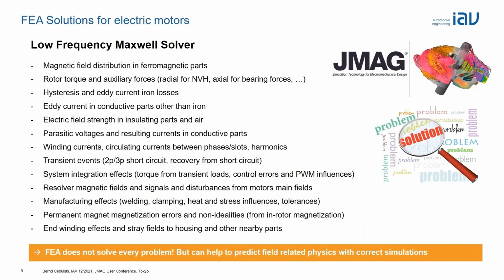So the result of that is that the finite element calculation, of course, does not solve every problem, like Professor Miller has already stated in another presentation, but it can help to predict a lot of things that are related to physics, and it can be quite accurate and really help to get rid of some difficult to conduct tests, for instance.